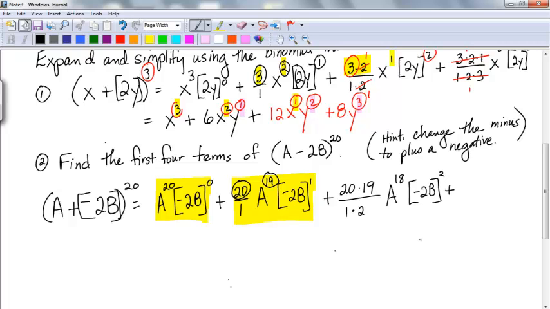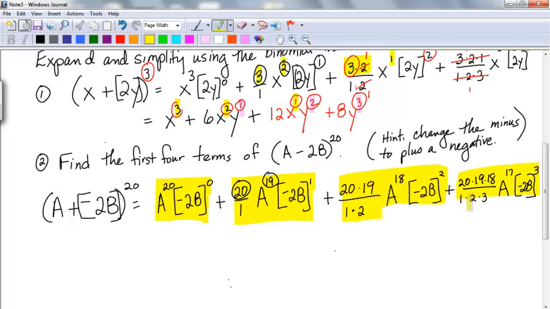Okay, plus, need to go one more term. So it'd be 20 times 19 times 18 over 1 times 2 times 3. A to the 17th and negative 2b to the third. Okay, and this is our third term. Okay, and then here's our fourth term.